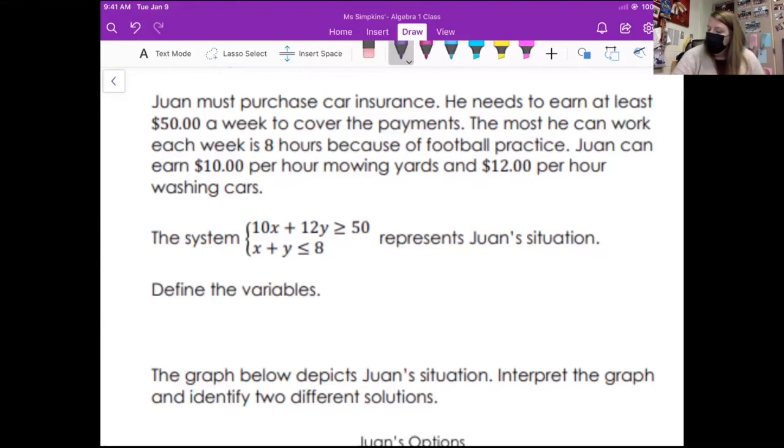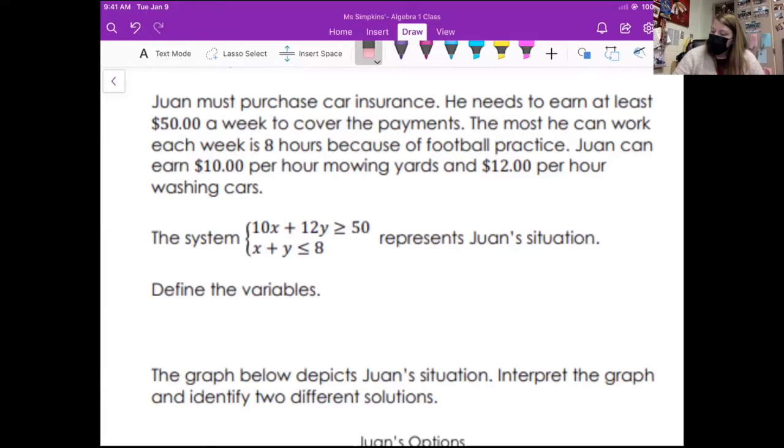Yeah, exactly. So Juan must purchase car insurance. He needs to earn at least $50 a week. So you'll see that that's represented by that greater than or equal to. He needs to earn at least that much money. The most he can work is 8 hours. So you'll see our second inequality has a less than or equal to, because at most means that amount or smaller.